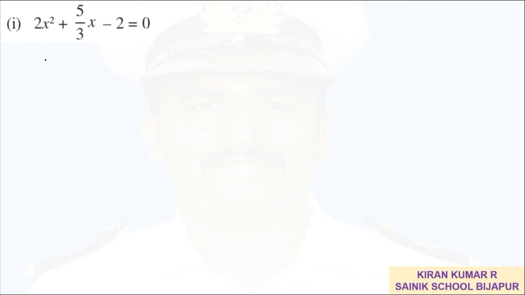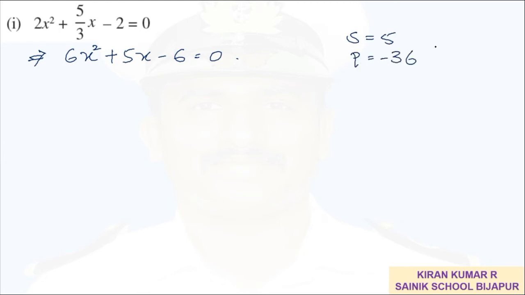By doing that, the given equation becomes 6x square plus 5x minus 6 equal to 0. Now we have to make use of the factorization method. In the factorization method, we have seen we take the sum and the product. Here the product is negative 36, sum is positive 5.